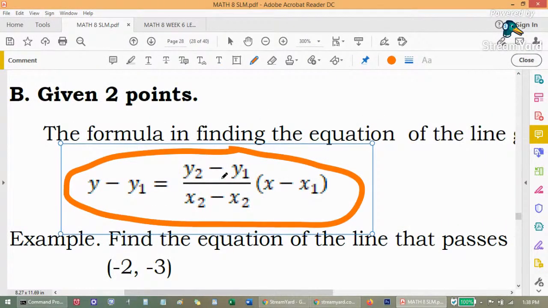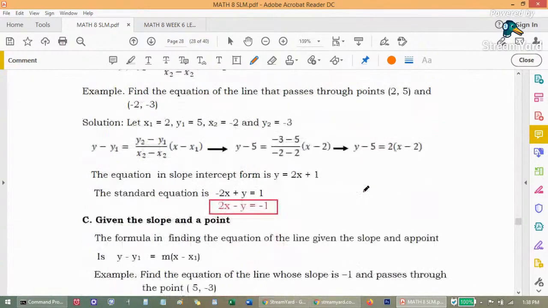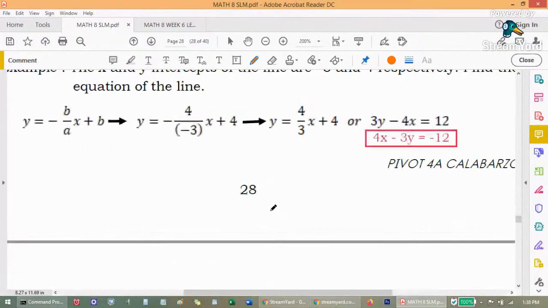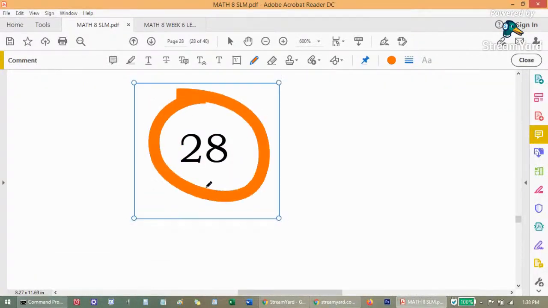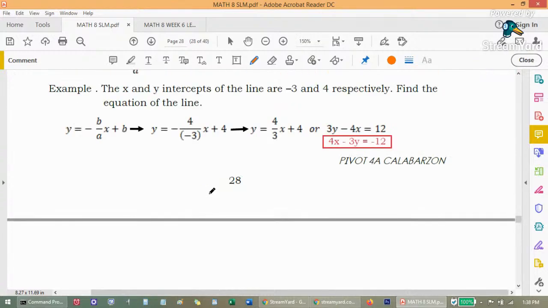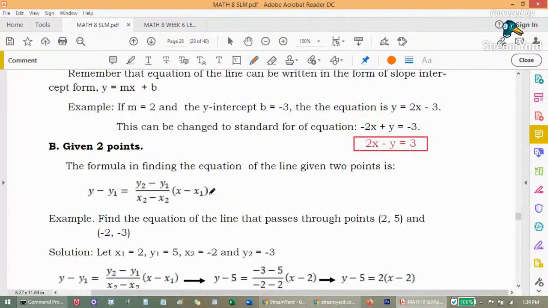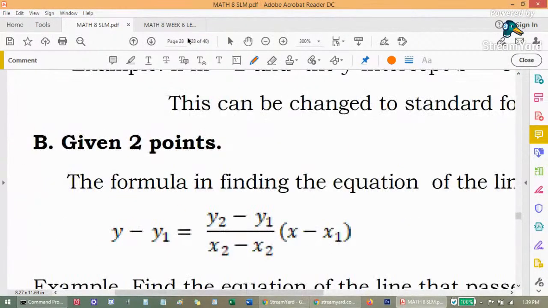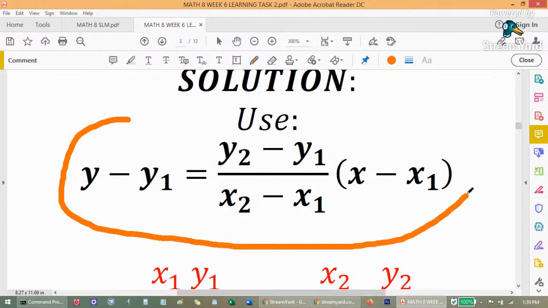Sa page 28. So, paano ginagamit tong formula na to, no?